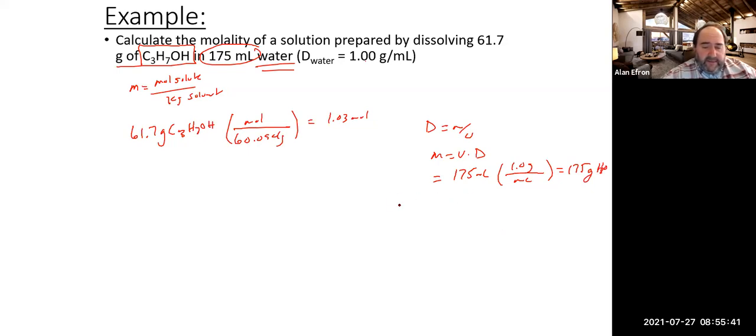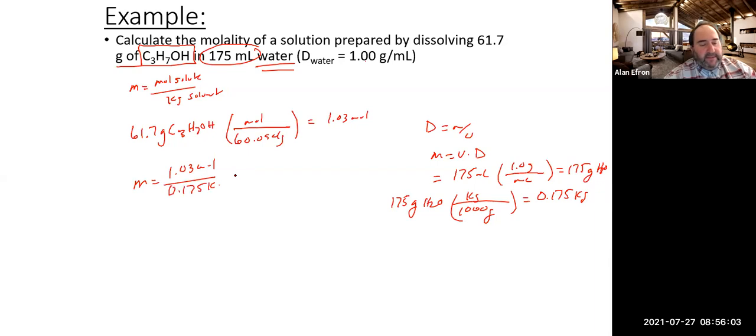We can convert that 175 grams into kilograms by dividing by 1,000, or moving the decimal point. 0.175 kilograms. That means we can now get our molality by taking 1.03 moles divided by 0.175 kilograms, and we end up with a 5.87.